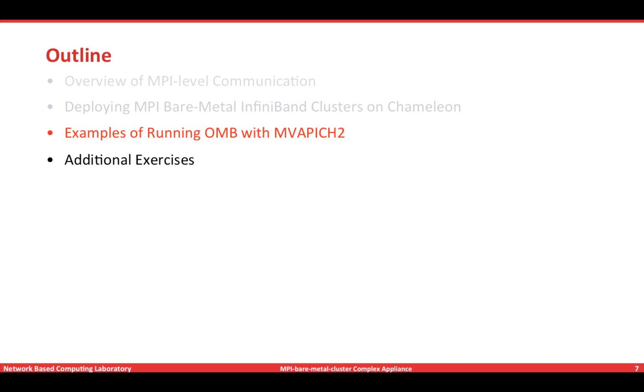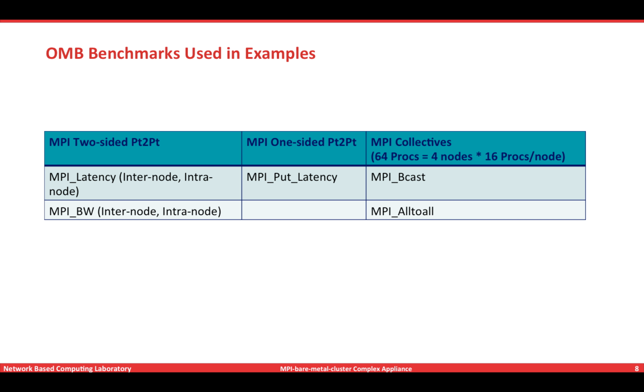Now let's show some examples of running OMB with MVAPICH2. In this tutorial, we will cover 3 different categories of this benchmark. The first one is MPI two-sided point-to-point operations. We will use the MPI latency benchmark and the MPI bandwidth benchmark. We will run these benchmarks in both intra-node and inter-node scenarios.